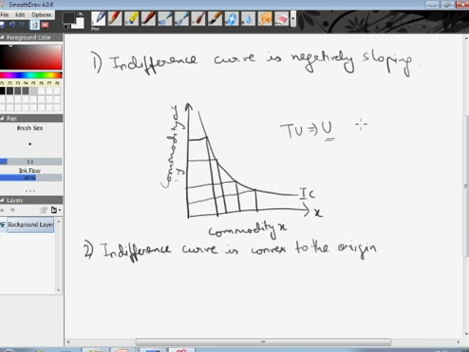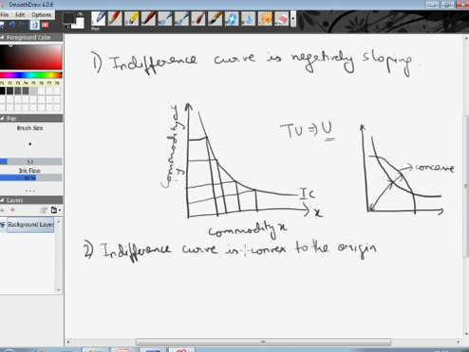We draw the graph here. If this is the indifference curve, it is convex to the origin, which means that the curve is drawn like this. It's not drawn like this. If it were like this, it would be concave to the origin, whereas the indifference curve is always convex to the origin.